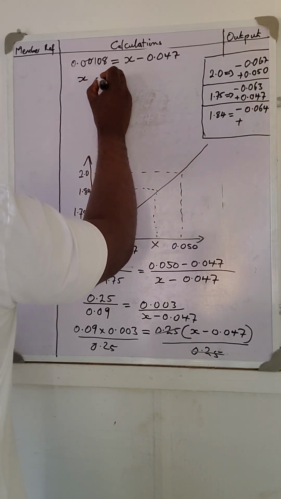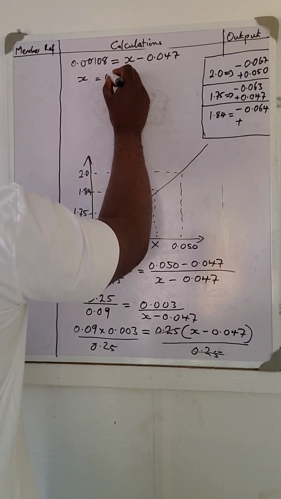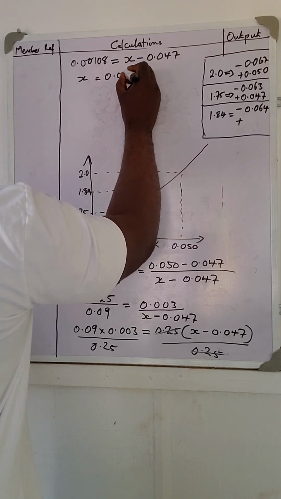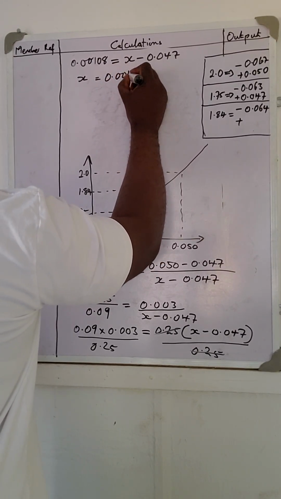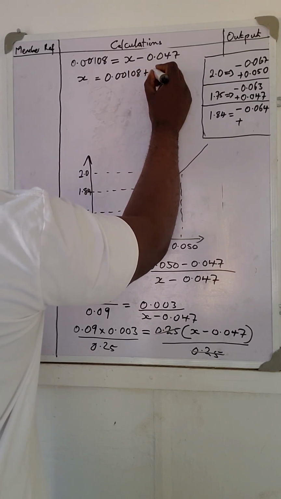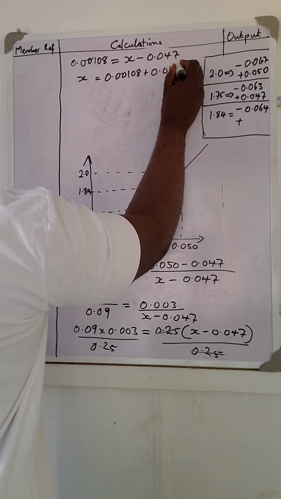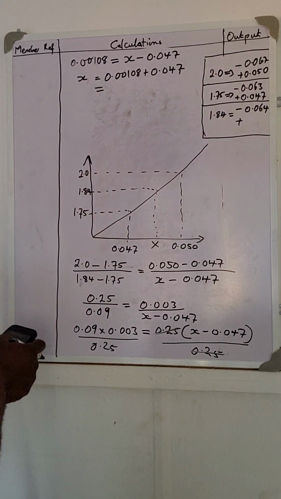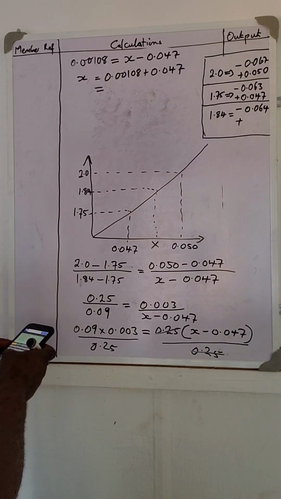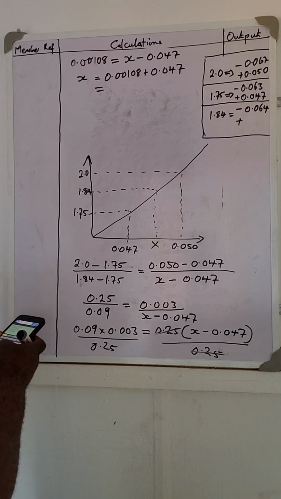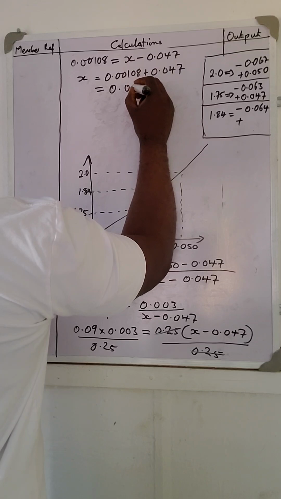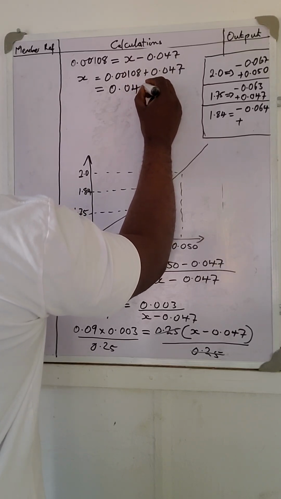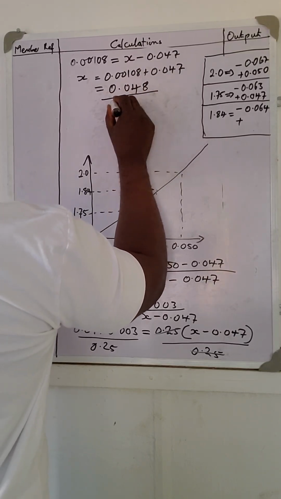So x is equal to 0.00108 plus 0.047. If you add that, this one is going to give me 0.048 as the value for x.